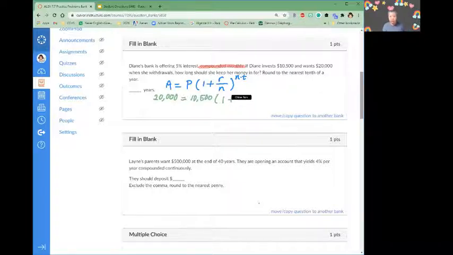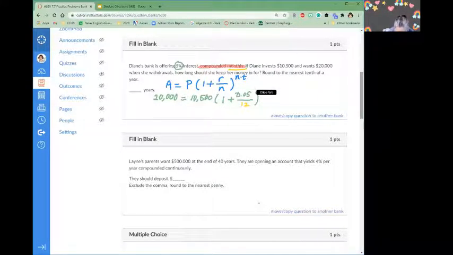When you input the rate, you have to be careful to convert it into a decimal. So 5% will be 0.05, and for the monthly part, there are 12 months in a year, so it's going to have 12 there and close here.